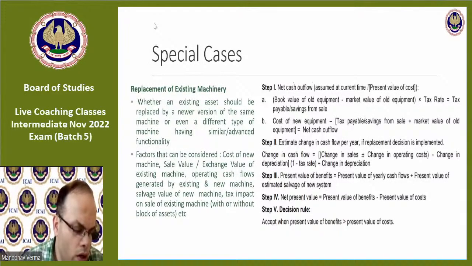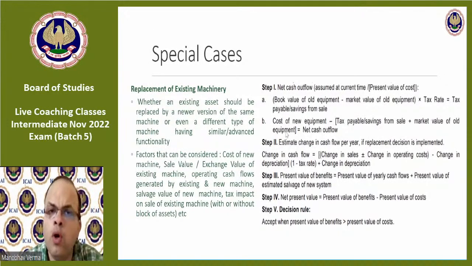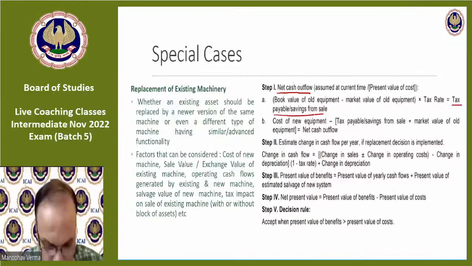Now, in terms of step one, we're talking about net cash outflow. We are looking at book value of the old equipment minus market value of the old equipment, into tax rate. So basically, we are talking about the tax payable or savings from the sale.